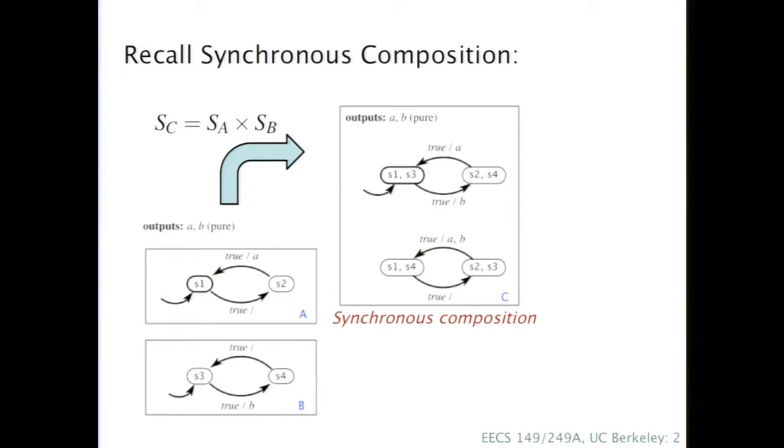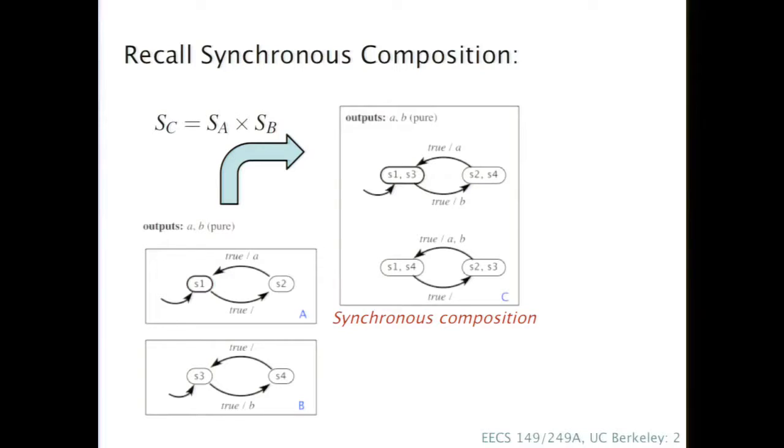The state machine says nothing about when it reacts. The environment chooses when the state machine reacts. When you have a composition of state machines, the environment chooses when the composition reacts. You then get to choose what it means for the composition to react. But the environment's going to choose when the composition reacts.